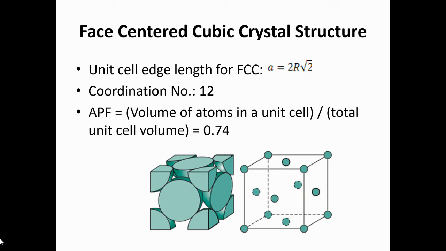Another important characteristic is the atomic packing factor, which is the maximum possible packing for spheres all having the same diameter. For FCC it is 0.74. It can be defined as the volume of atoms in a unit cell divided by the total unit cell volume.